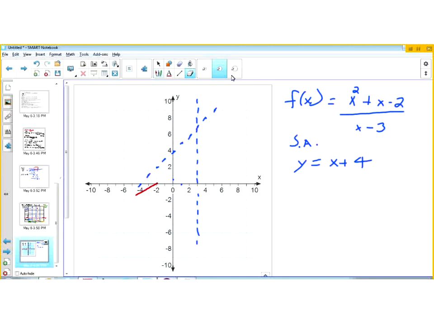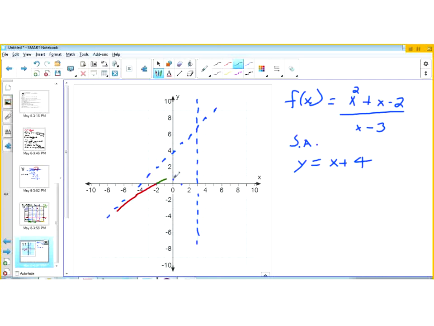Oops, it should be kind of asymptotic. I'm not sure why I curled it like that, so let me erase this and draw back in my slant asymptote. So there's what it would look like for x less than -2. See how it's below and asymptotic to the slant asymptote?